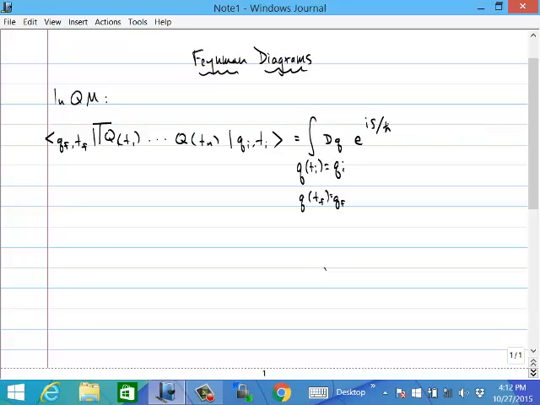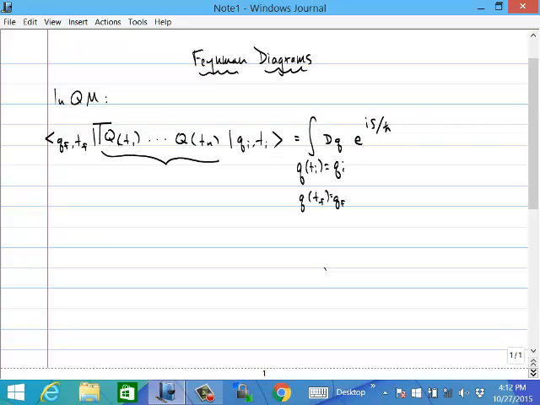So the classical action is sort of like the measure factor in this integral. And if you want to compute just a transition amplitude, with none of these factors inserted, then the amplitude for a particle to move from one configuration to another is just given by an integral of this measure factor, e to the iS.